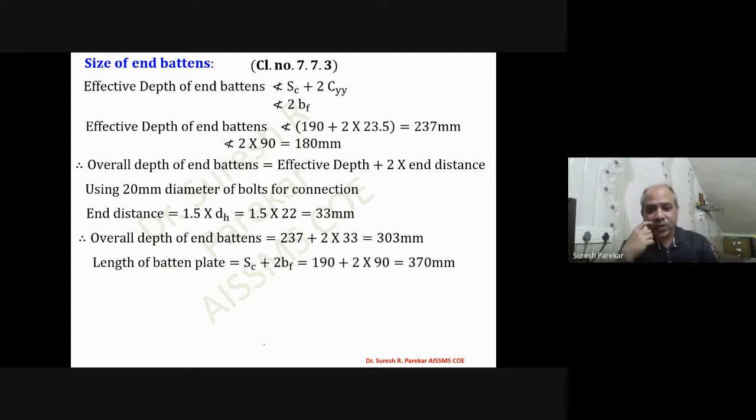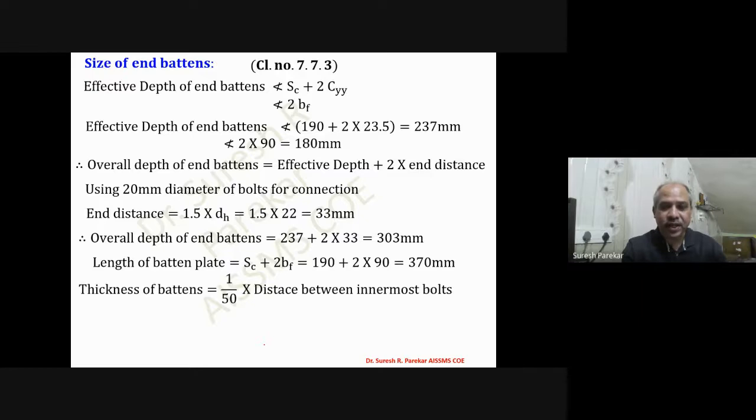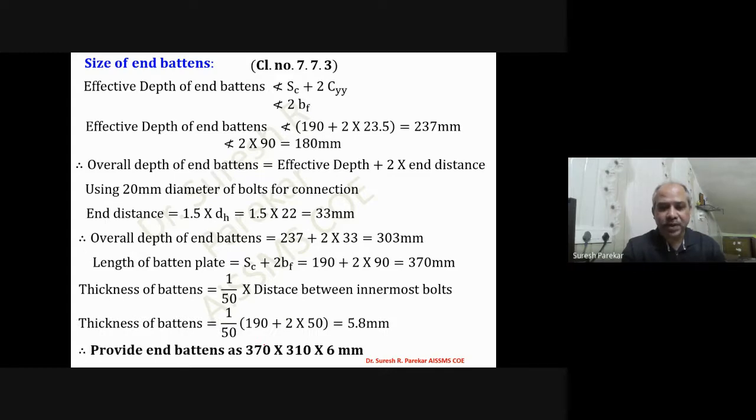Now for length we take the out to out distance of the cross section of the column, that is end to end distance between the channels, which gives me SC plus 2 into BF, that is 370 millimeters. Now thickness we know is 1/50 into distance between innermost bolts, that is SC plus 2G, and that gives me the value 5.8 millimeters. So we will provide 370 by 310 by 6 millimeter as end battens.